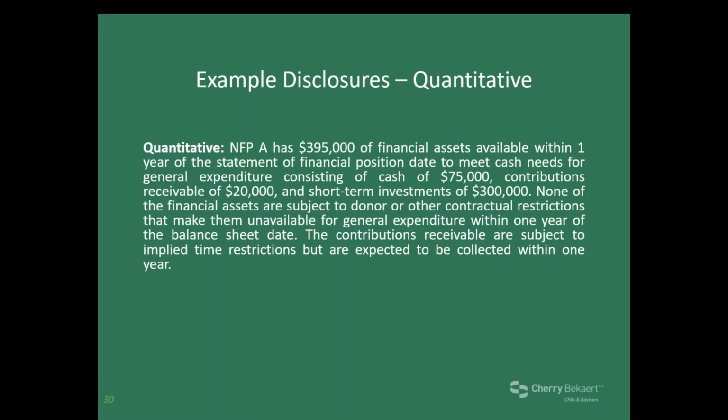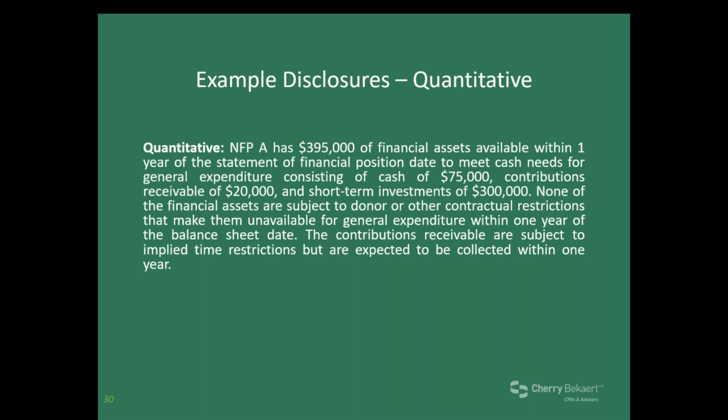So one more example of a quantitative part of the disclosure, and this is in a narrative format. So you'll see that this one has a total of $395,000 of financial assets available to meet within 1 year of this statement of financial position to meet cash needs for general expenditure, which consists of cash, contributions receivable, short-term investments.